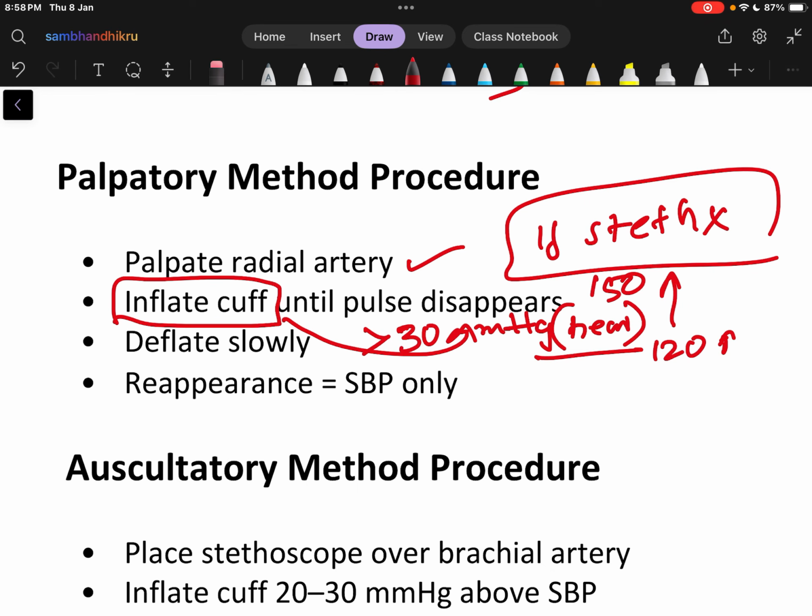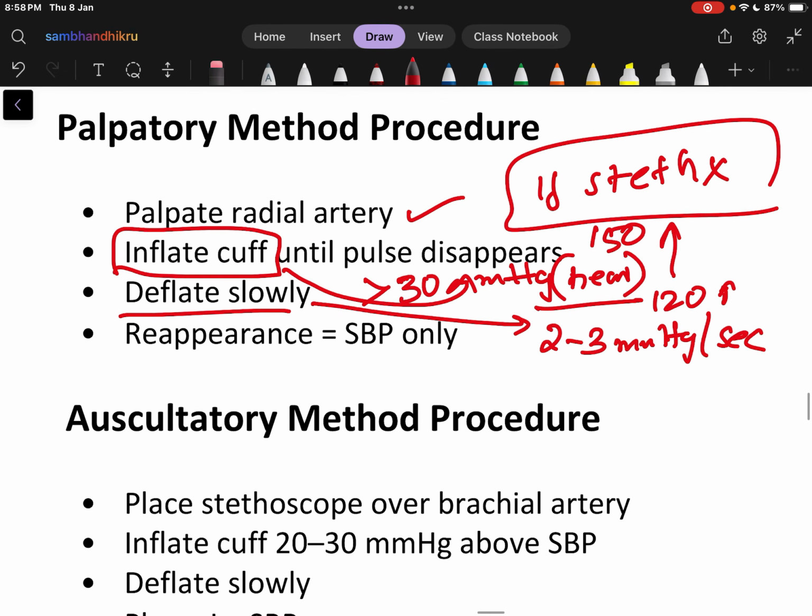Deflate slowly. What is the rate? 2 to 3 mmHg per second. Reappearance means that is SBP only, clear?